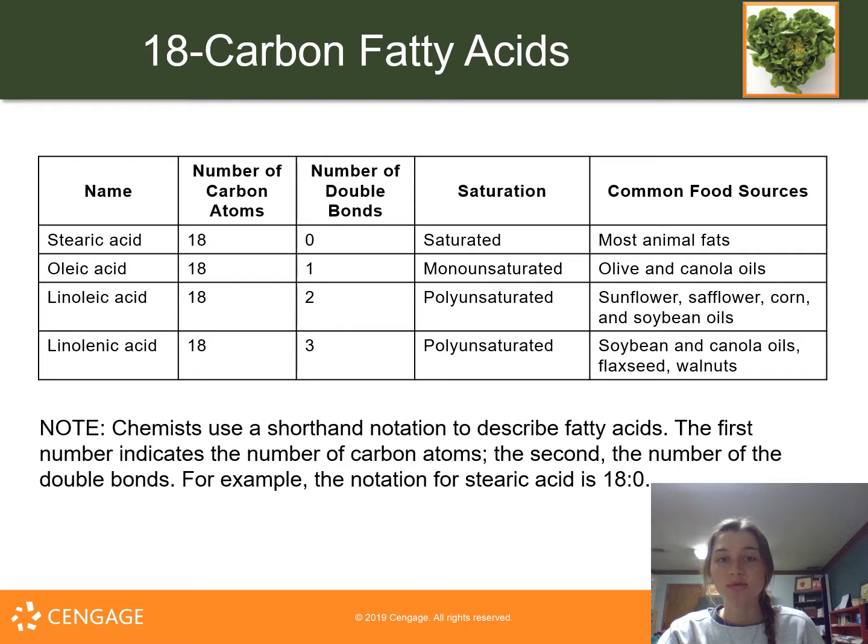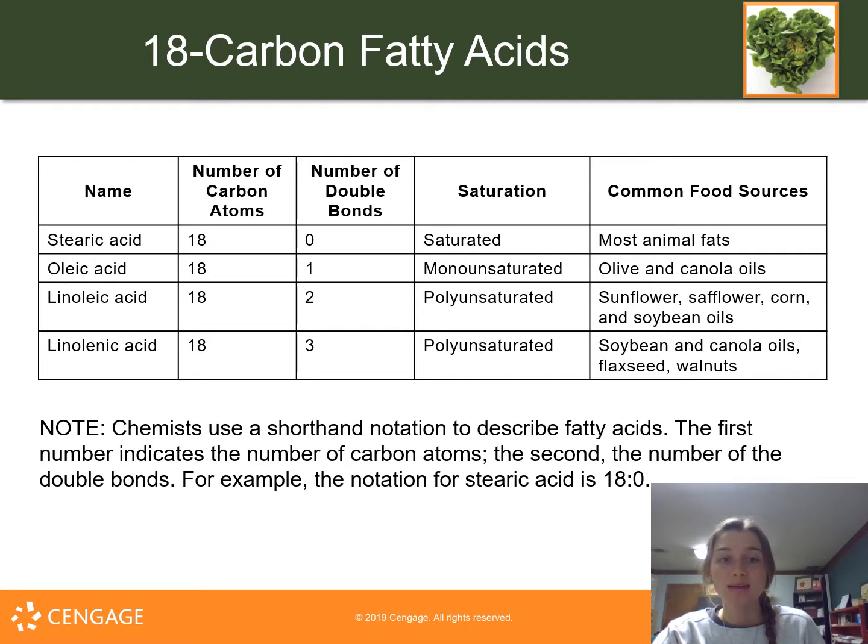And so this summarizes the most common triglycerides that you're going to find in your food. They are the ones with an 18 carbon fatty acid chain, as we talked about a few slides ago.